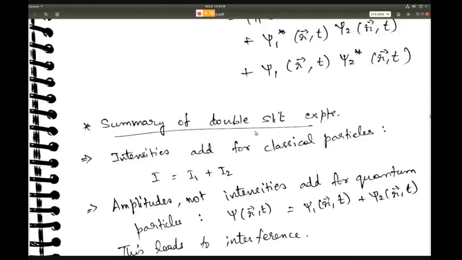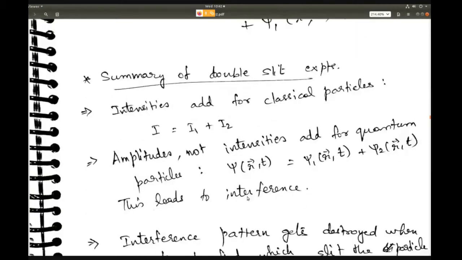Okay, so at this point, we complete our double slit experiment. The main takeaways from the double slit experiment are that intensities add up for classical particles, and that's why you get the total intensity I equal to I1 plus I2. But for waves, intensities do not add up, but what adds up are amplitudes, which means your total wave function psi is equal to psi 1 plus psi 2.